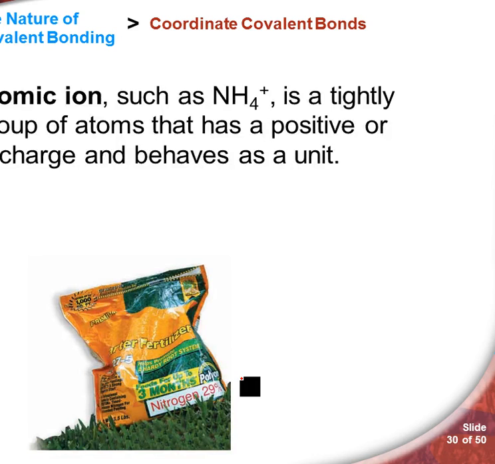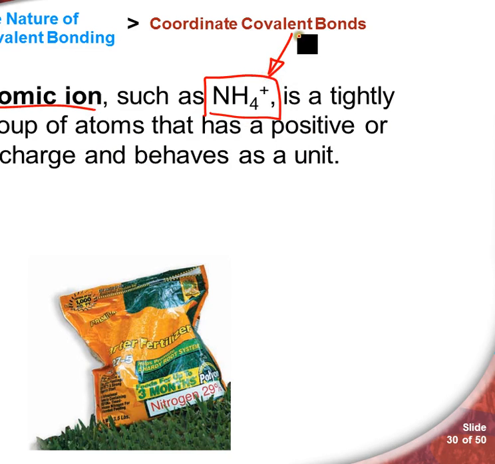I think this is going to give an example. So a polyatomic ion like NH4 plus. A polyatomic ion, we did those already: a tightly bound group of atoms that have a positive or negative charge and behaves as a unit.